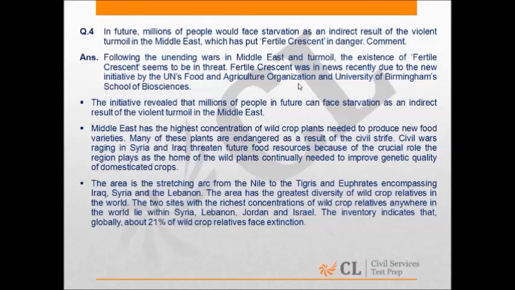The scientists have identified key global hotspots for wild crop species known as crop wild relatives or CWRs, which are distantly related to domesticated crops. According to the group of scientists, these species are most concentrated in the area of the Middle East known as the Fertile Crescent.